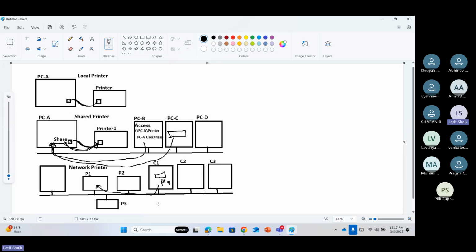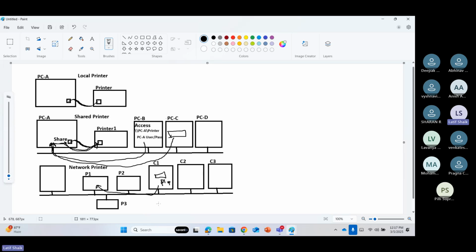Okay. In this example, I put three printers, and all three printers are connected to the network. This is in enterprises, not in small offices, definitely not in the home.